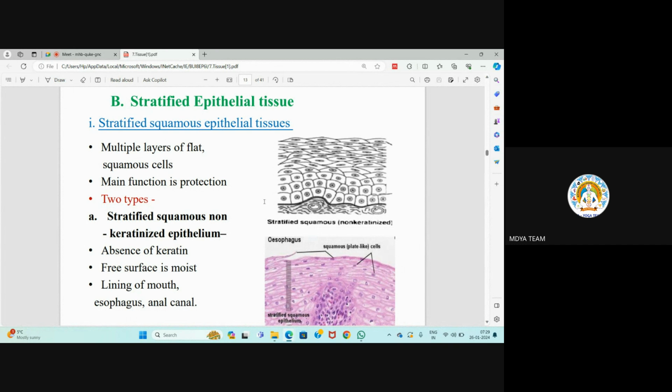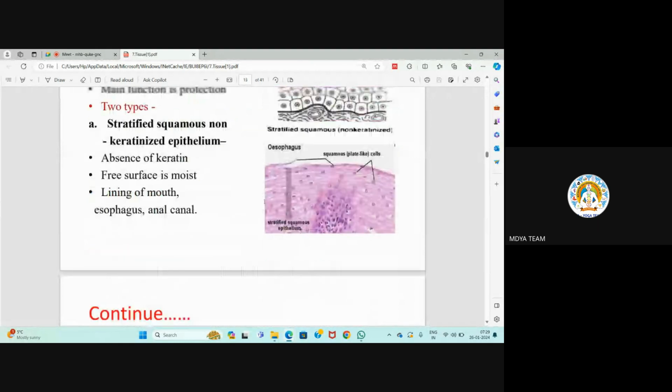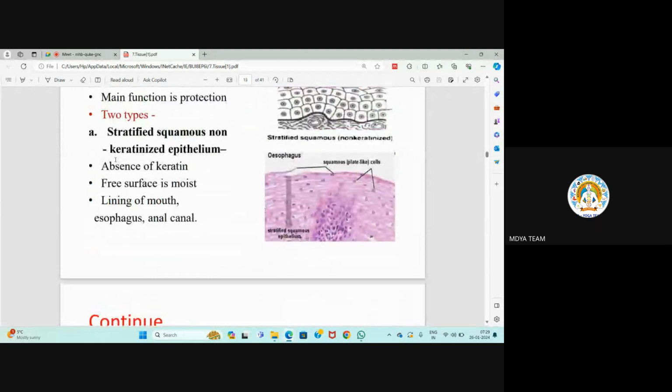Here we can see two types of squamous epithelium, that is keratinized epithelium, and next is non-keratinized epithelium. In non-keratinized epithelium, keratin is absent.